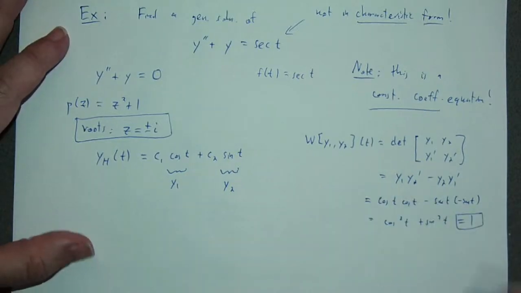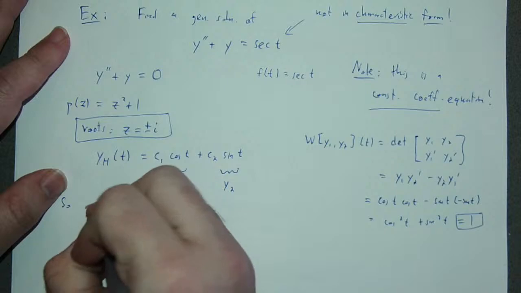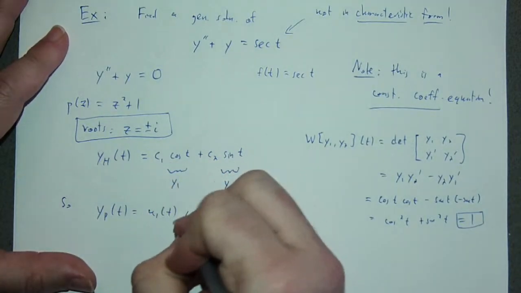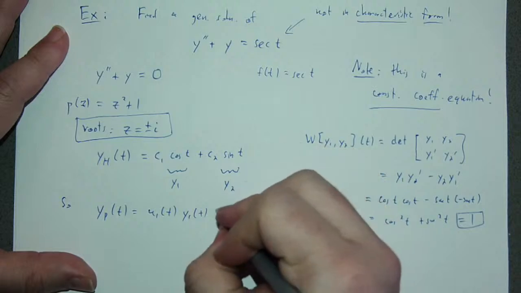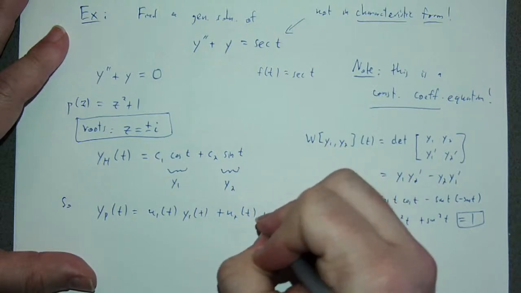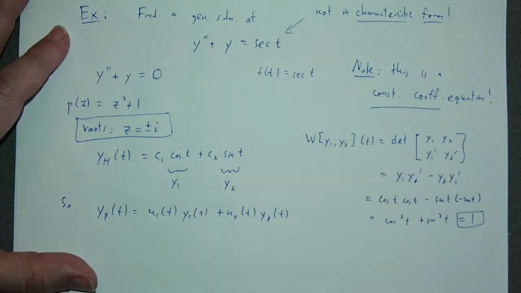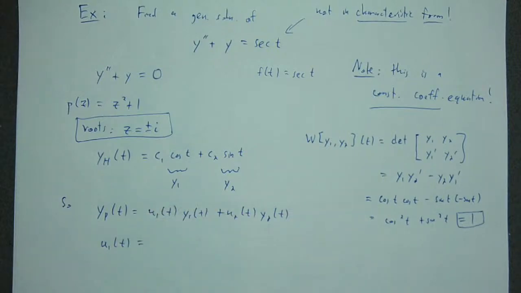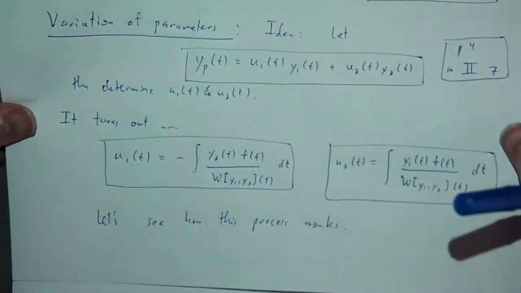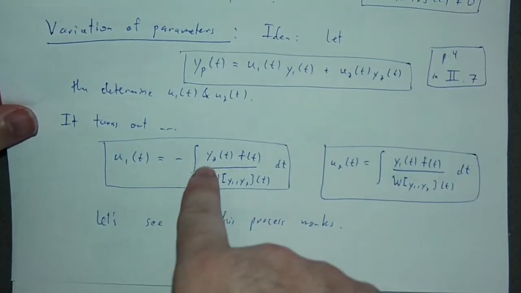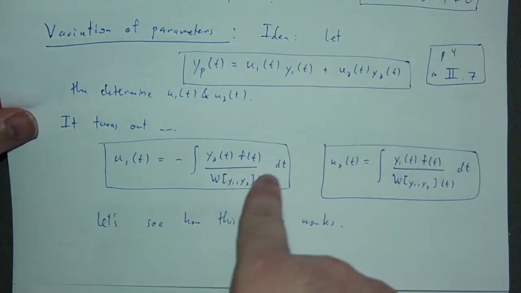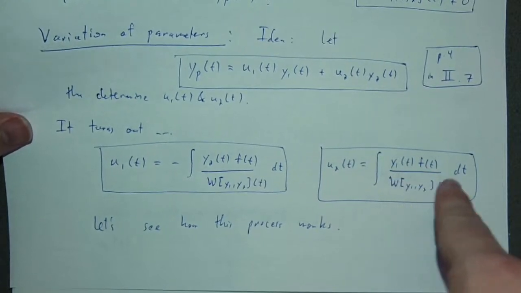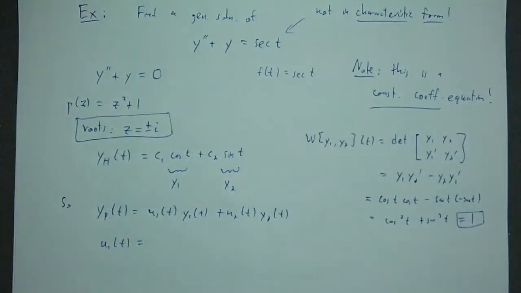Okay, so my particular solution is u1 of t y1 of t plus u2 of t y2 of t, where u1 of t is, just to remind you, minus the integral of y2 of t f of t over the Wronskian dt. u2 is the integral of y1 of t f of t over the Wronskian times dt.